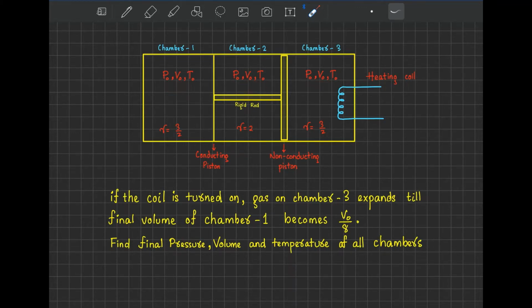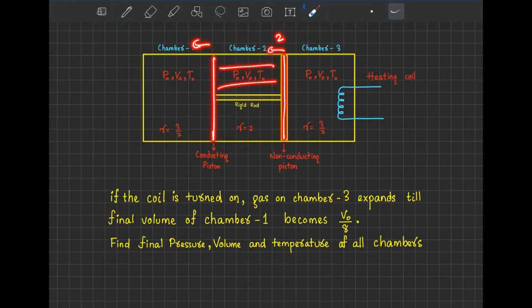So let's think about what thermodynamic condition might be the same, initially and finally. We can see that chamber 2 is made by two pistons, right? And this is a rigid rod. So it does not matter how much these pistons move. Think, if this piston moves by 2 cm, then this piston will also move by 2 cm.